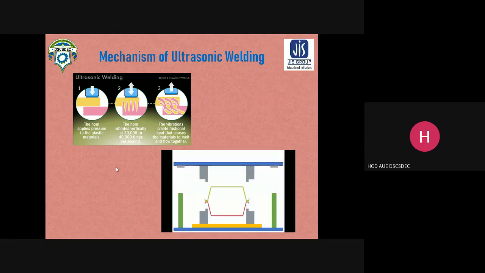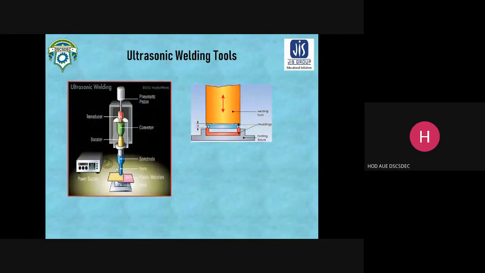The ultrasonic waves created by this horn create a dynamic shear stress at the interface of the workpiece, and because of this dynamic shear stress, local plastic deformation happens. Now you know what plastic deformation is.